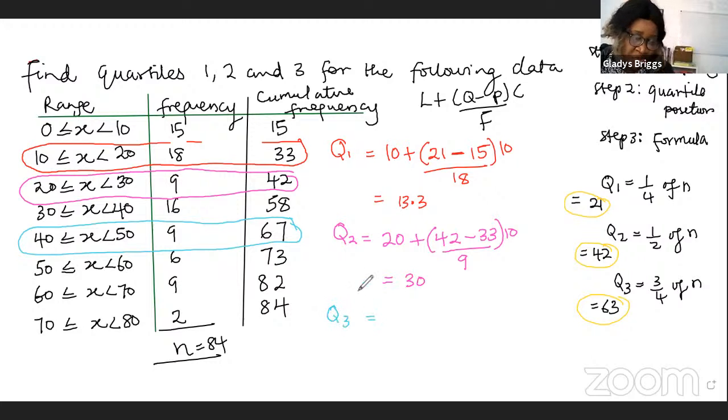Q3 is equal to the lower limit of the quartile class, which is 40, plus quartile position, 63, minus previous class cumulative frequency, 58, over, this is times 10 over, this is 9.